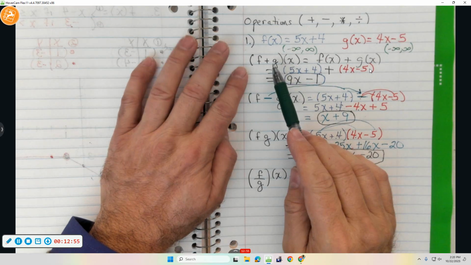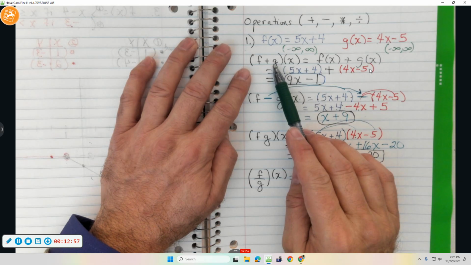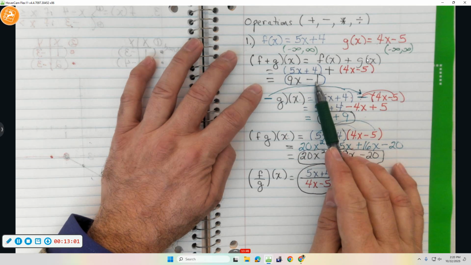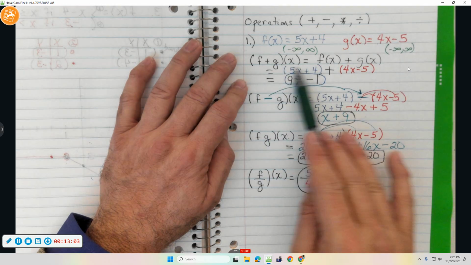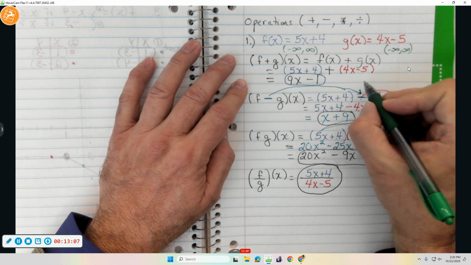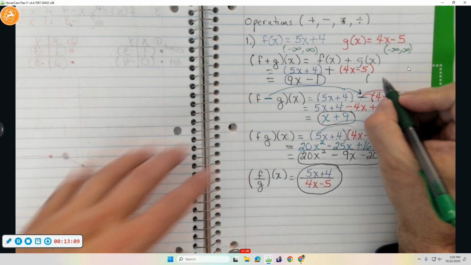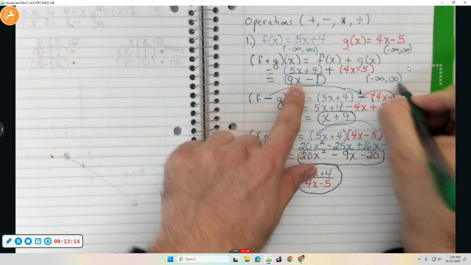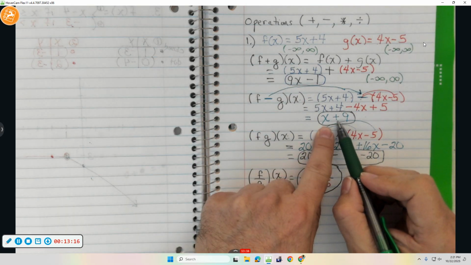Now, for these others, look through the whole work. Don't look just at the final answer. If you look through here, there's no fractions and no square root. So the domain for f plus g, all real numbers. What about f minus g?